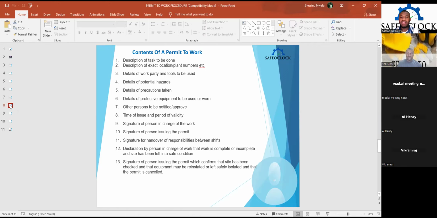So he fills out that permit, goes and implements the control measures, and this is verified by an authorized permit issuer, like a project engineer or site engineer, who verifies that the control measures are all in place and signs as the authorized permit issuer.